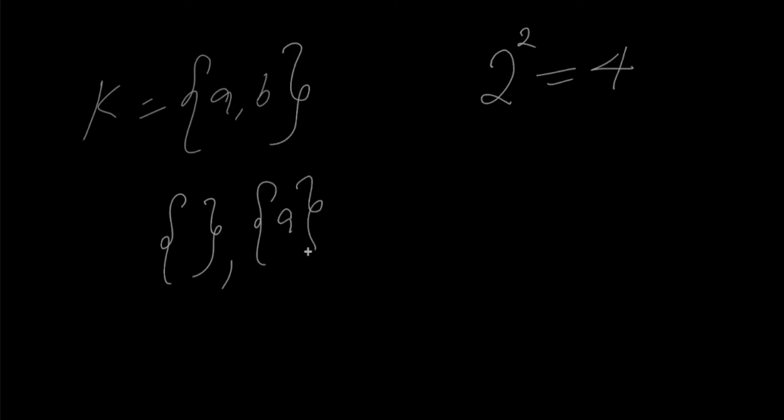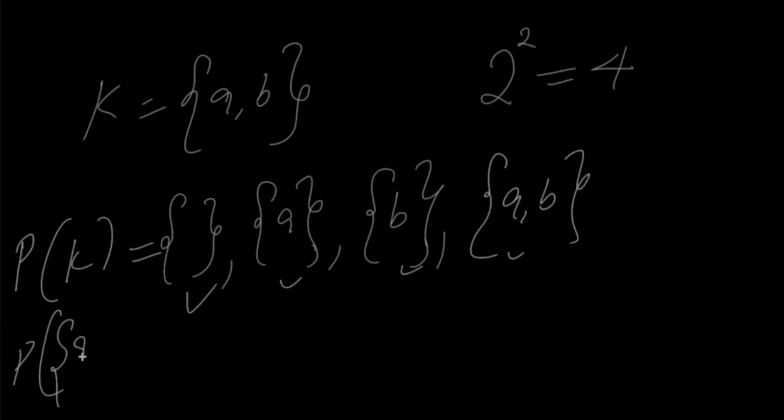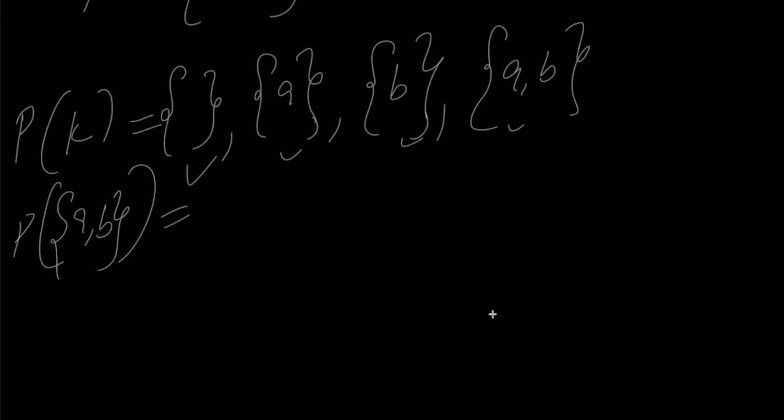You can take only A. You can do only B. You can still do AB as a proper subset. How many? 1, 2, 3, 4. So P of K, or you say P of A, B, is equal to this. This is called the power set.